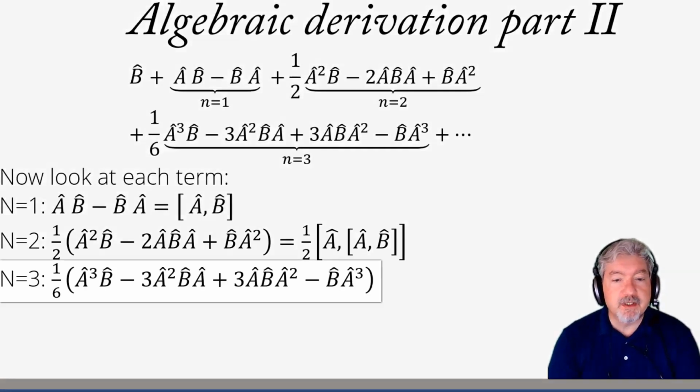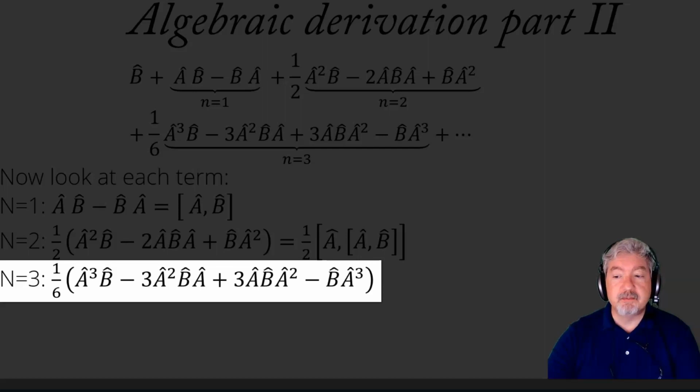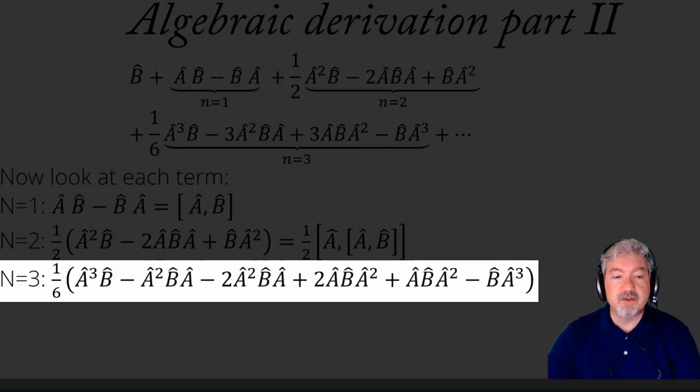Okay, let's go to n equals 3. This has a lot of terms. It's going to take us a little bit of time to unpack it all. The first thing that we do is the separation, but instead of making 3 terms, I separate it into minus 1 and minus 2. And I separated it into plus 2 and plus 1 of each of those terms. And now I'm going to do the same grouping. I'm going to pull a factor of A squared out of the first 2 terms.